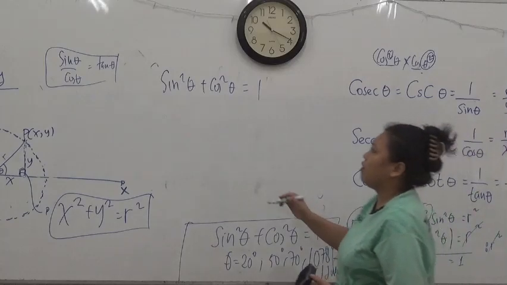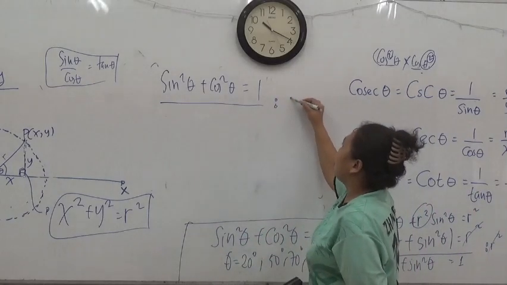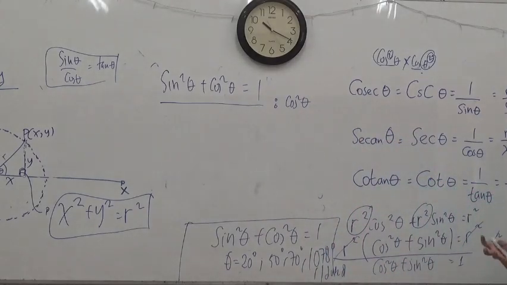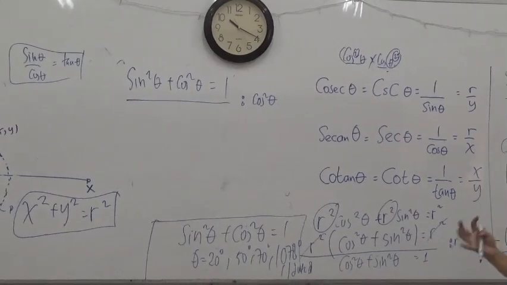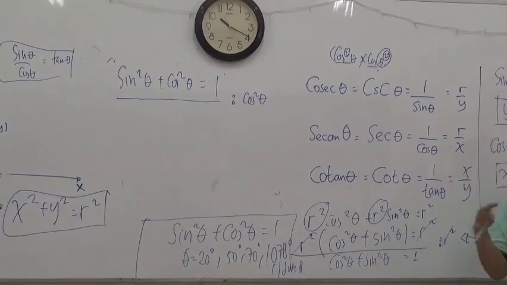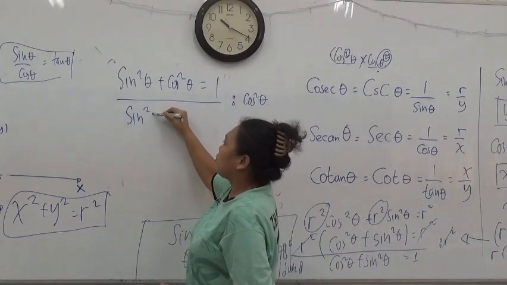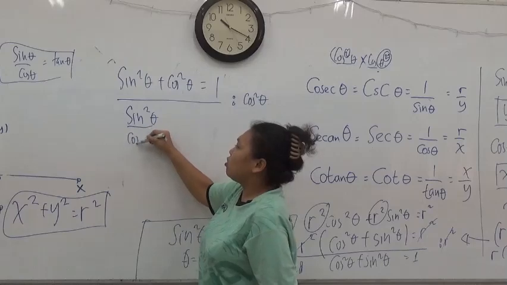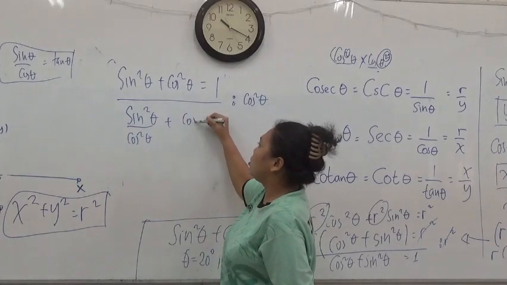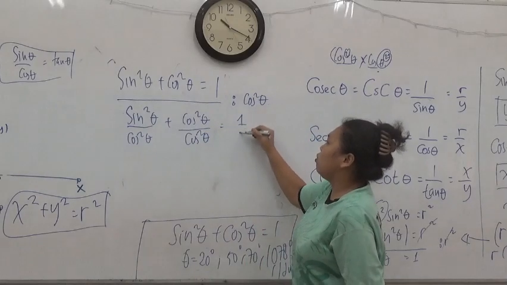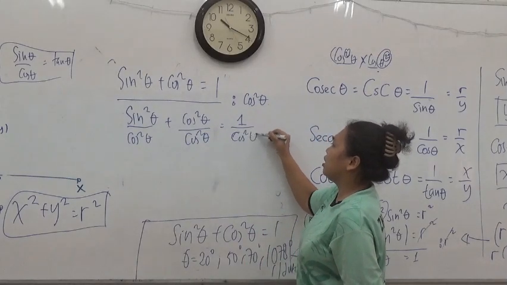Now we're going to divide everything by cos squared theta. We're just changing the equation without changing the value of both sides. They will be balanced. This is the same value. So we get sine squared theta over cos squared theta plus cos squared theta divided by cos squared theta equals 1 over cos squared theta.